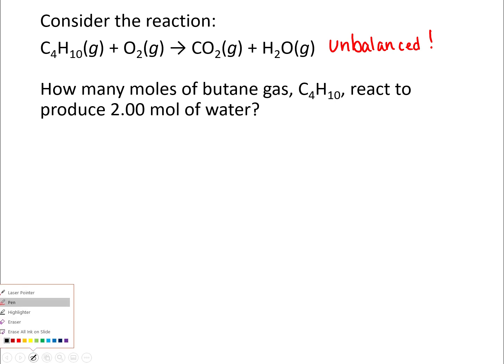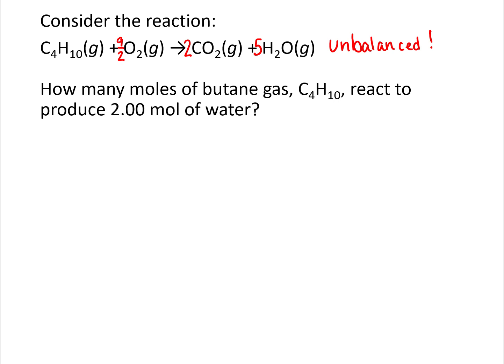When you balance this equation, this is what you end up with if you don't do any multiplication to get rid of that fraction. With combustion reactions, it's common for you to have to start by writing a fraction for the oxygen gas and then multiply through to get rid of it. Since this is not a question about balancing an equation and writing that properly, we can actually just leave it the way it is.